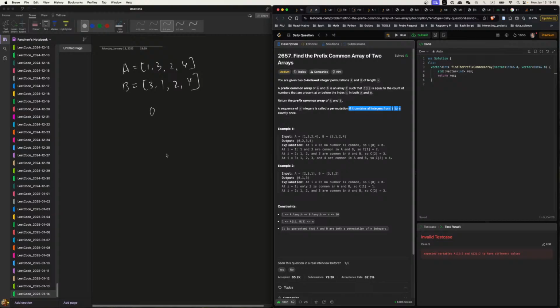Oh, okay, yeah. So I'm thinking about bit manipulation because it's only 50, right? I can do a long. Long is 64 bit, right? So I can just set the bits for each one. In this case, we have 4 bits for A and then 4 bits for B. So we can just do minus 1.